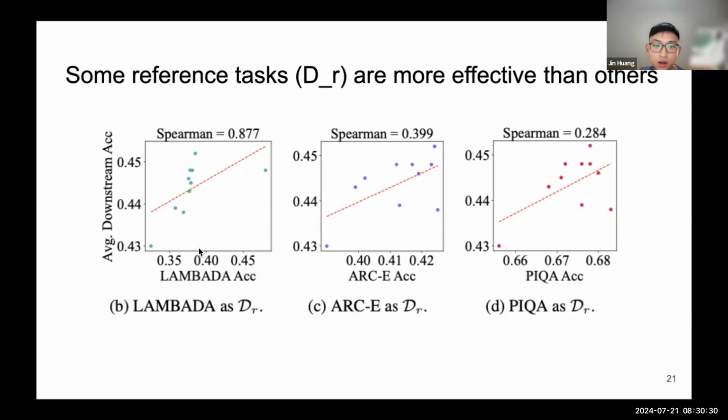But I think if we're actually using this algorithm, we can first do this ablation study to select the most suitable reference task and reference dataset, and then use it for the training. So basically, maybe at a small scale, do a pre-selection step and select the most effective one.